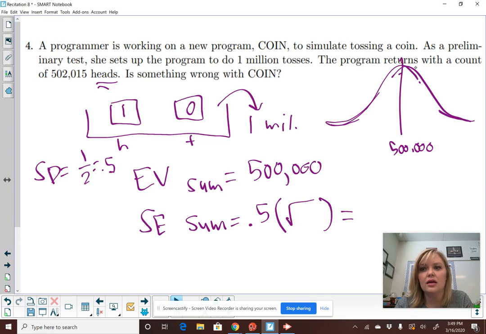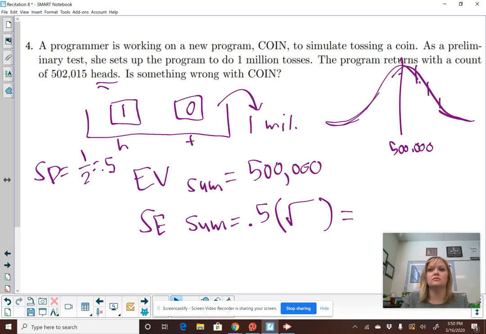On a normal curve, about 68% of the data is within one SD, about 95% is within two SDs, and about 99.7% is within three. So anything outside of two SEs, since we're looking at SEs this time, would be really unusual.